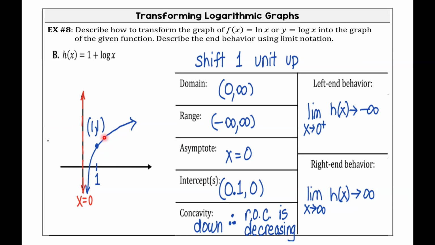So if I had 10 to the 1, that is 10. 10 to the 2 is 100. But when you go the other way, 10 to the negative 1 is 1/10, and 10 to the negative 2 is 1/100, right?